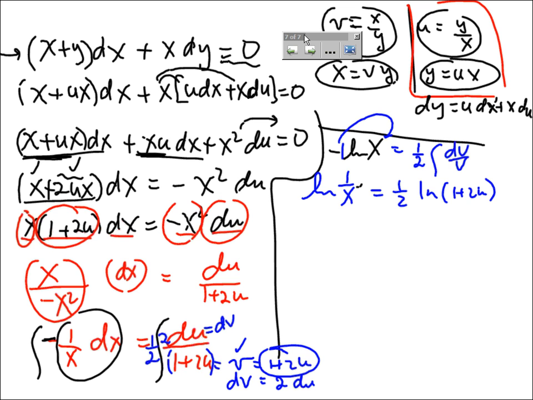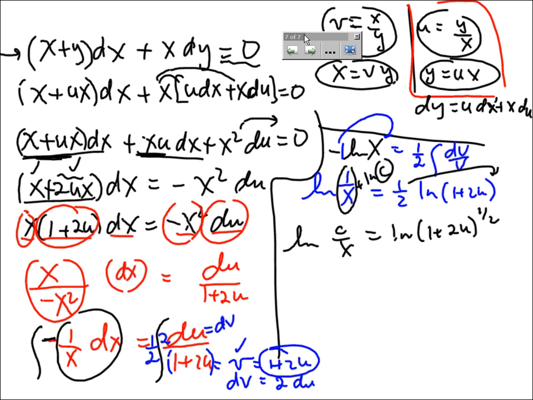So I can always add ln of c. If you have ln of one thing plus ln of another, you end up with ln of the product. 1 over x times c is just c over x, and this half goes up as the power. It's ln of (1 plus 2u) to the half.